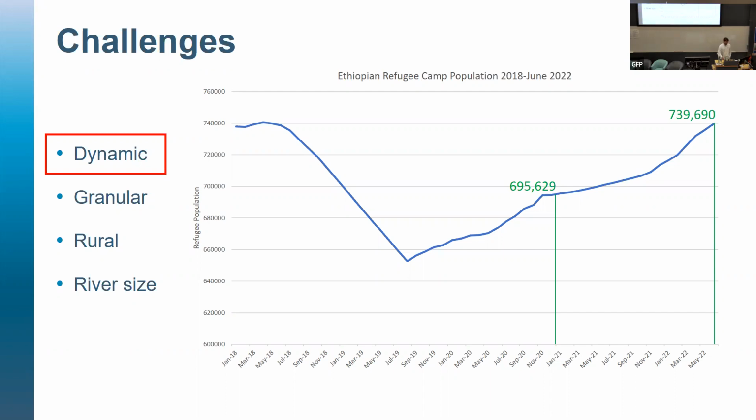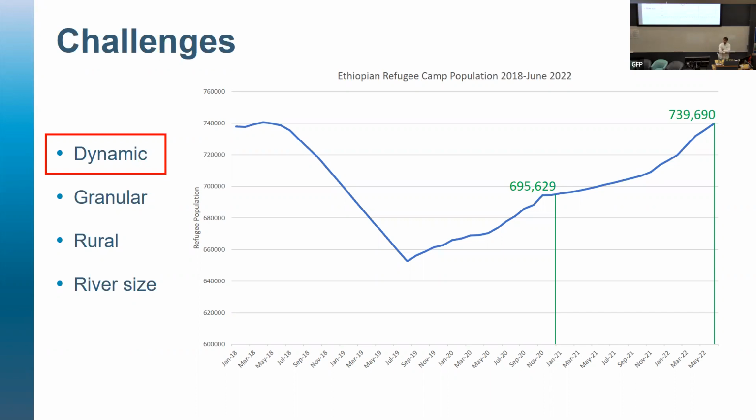Throughout this project, we've had to regularly update the population figures we're working with so that we're using the most up-to-date ones. And during this project, one of the camps we were looking at was actually destroyed in the Tigray region of Ethiopia because of the conflict that broke out there at the end of 2020.